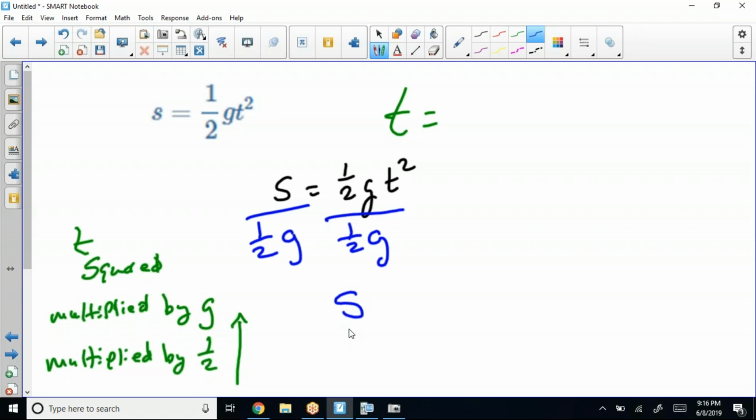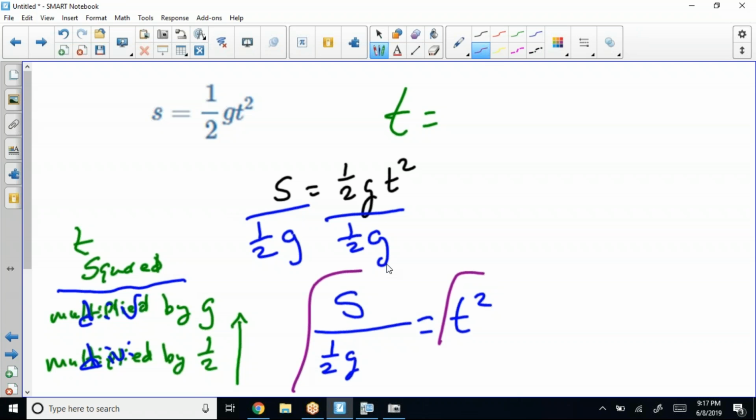So that would be s over 1/2 g equals t squared, right? Yes, sir. So you're doing the inverse. If it's been multiplied, you divide. Now the last thing is it's being squared. So what's the inverse operation of a square? Square root. That's exactly right. So you'll take the square root of both sides.